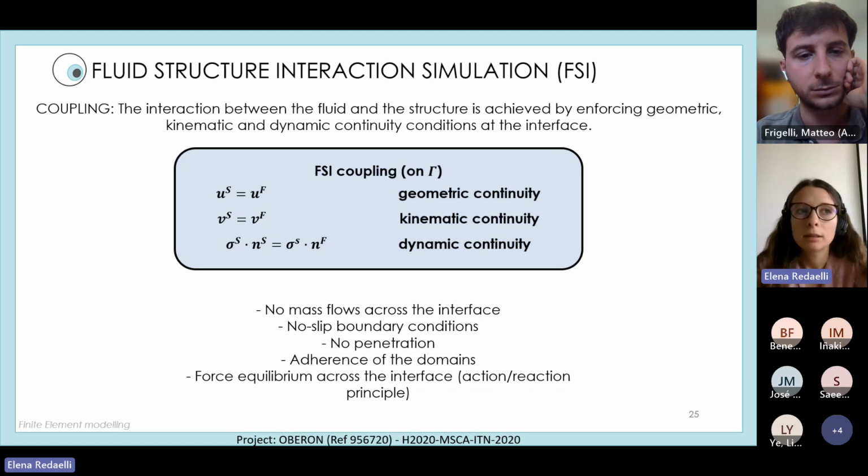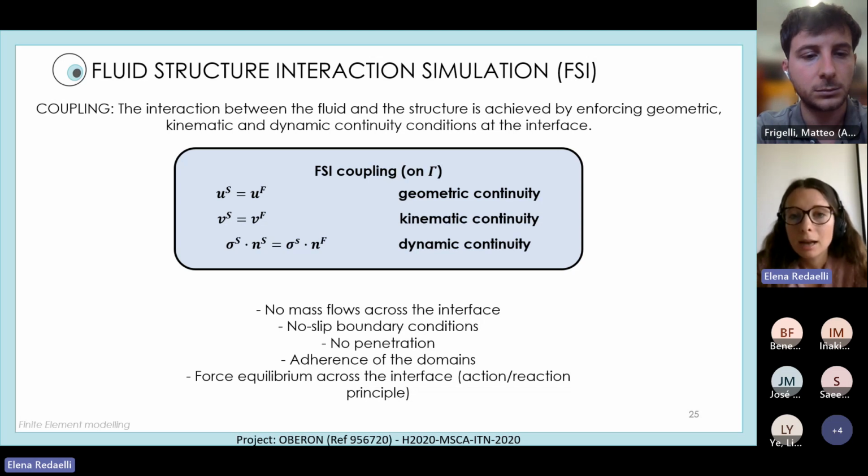Geometric continuity means that the mesh of the solid part at the interface should be coincident with the mesh of the fluid part at the interface, so that the displacement of the nodes at the interface are the same, both from a fluid and from a structural point of view. Also, the kinematic continuity means that these nodes have the same velocities, and the dynamic means that we should have equilibrium of forces at the interface.